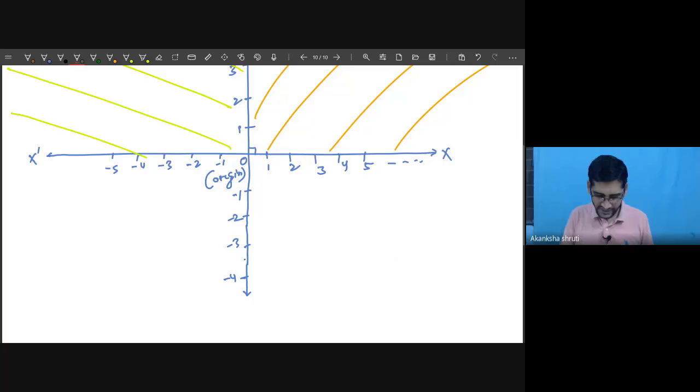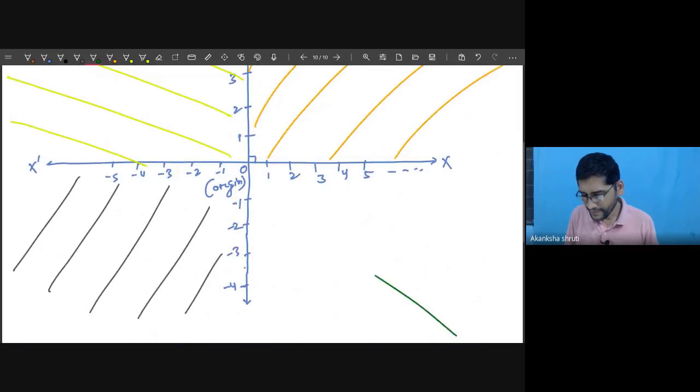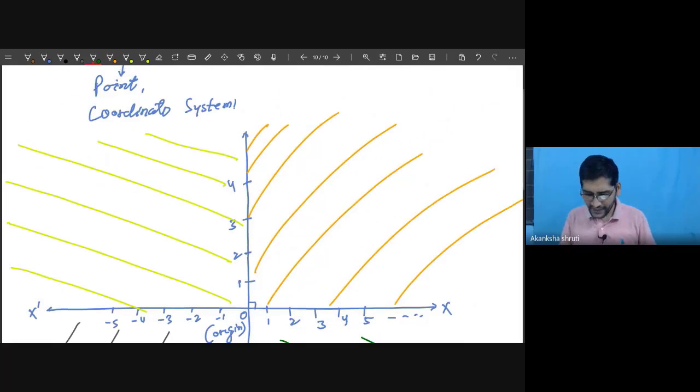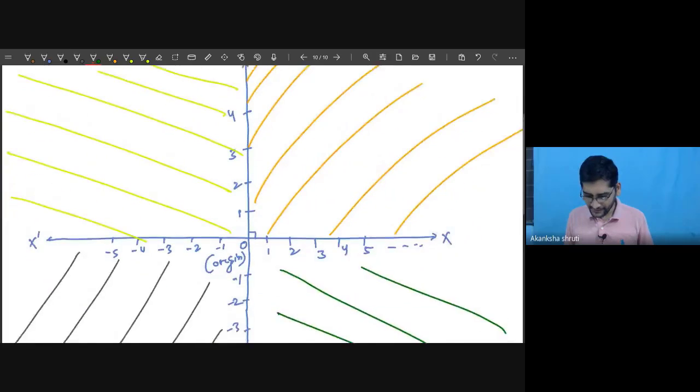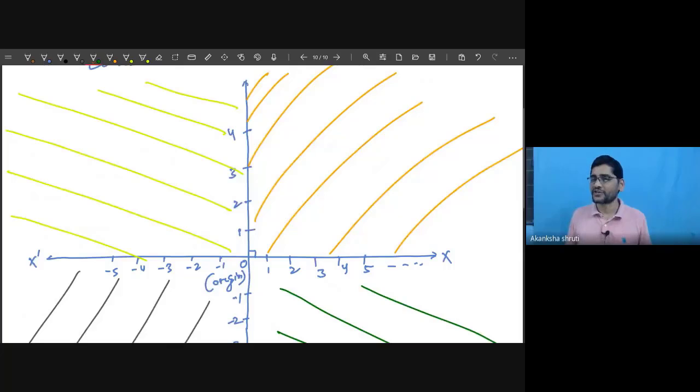The next one can be taken like this, and the last one like this. So the entire plane, or the plane of paper, is divided into 4 rectangular parts.